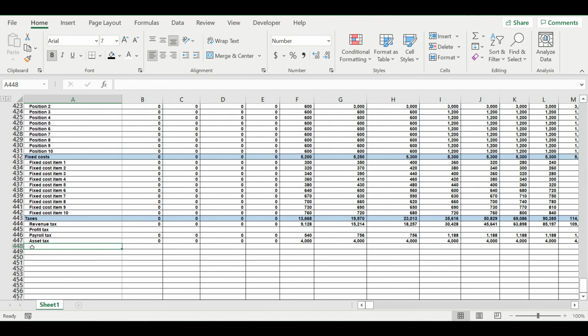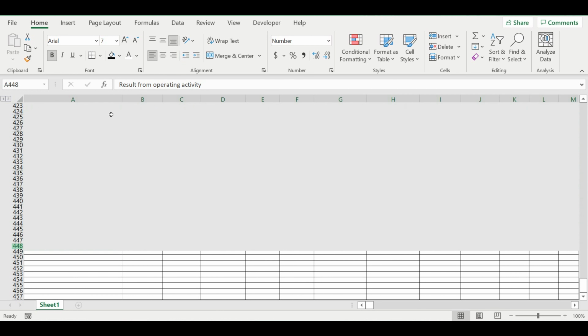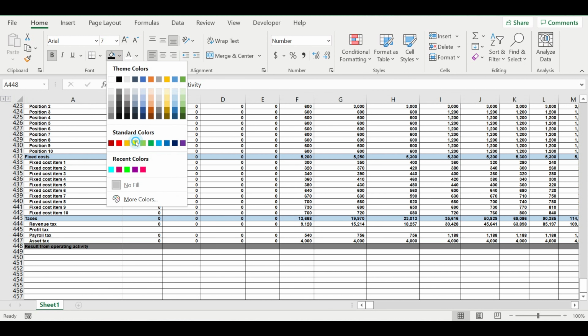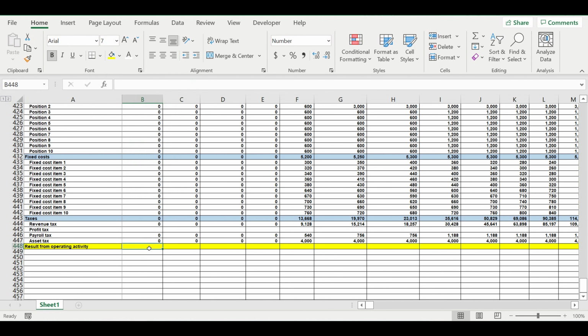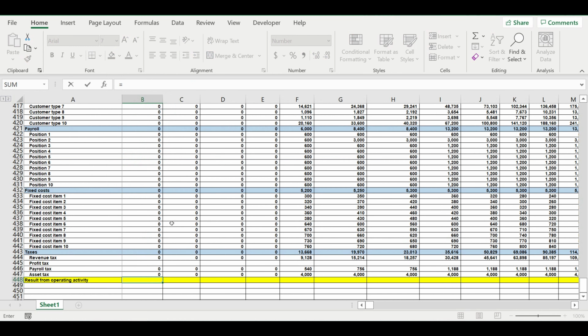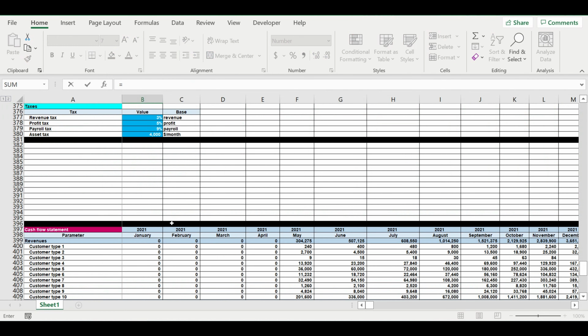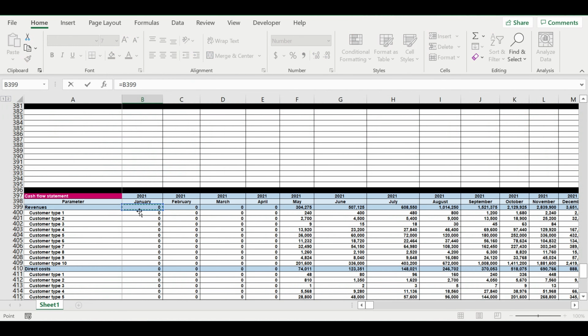Now we'll calculate the result from operating activity. It is the actual amount of money that you have in your pocket after your typical month.